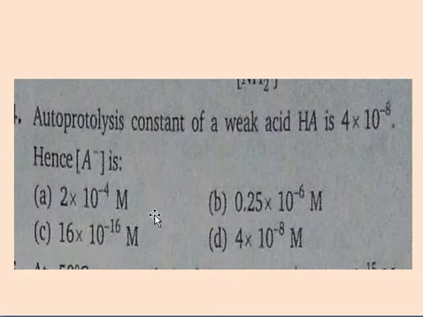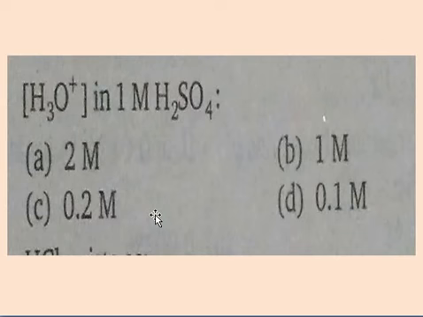The next question: the concentration of H3O plus in 1 molar H2SO4 is. When one H plus ion combines with a water molecule, it produces H3O plus. In H2SO4 there are 2 hydrogen atoms, present in solution as 2 H plus ions.